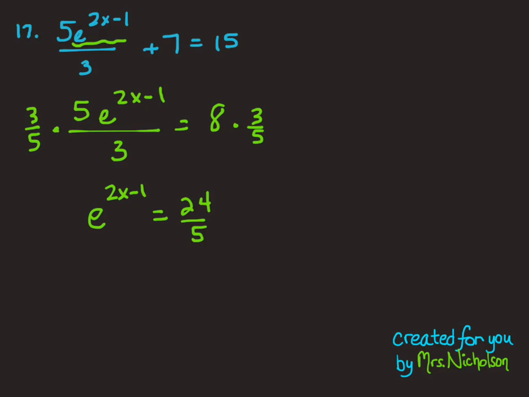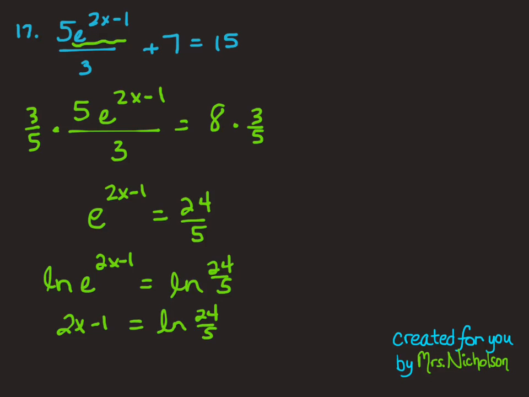And now I'm ready to undo the exponential. So I'm going to use a natural log. Natural log and e undo each other. And I'm left with 2x minus 1 is equal to the natural log of 24 over 5. I'm going to add 1 to both sides.